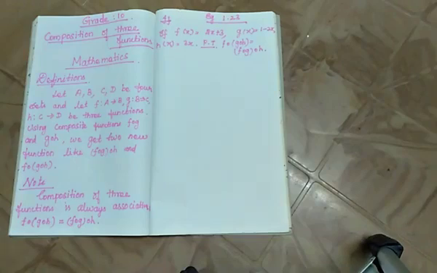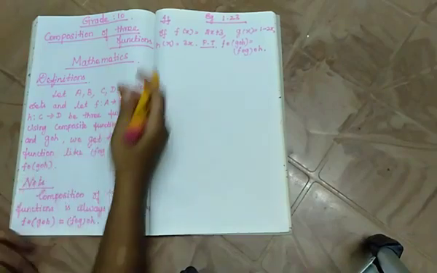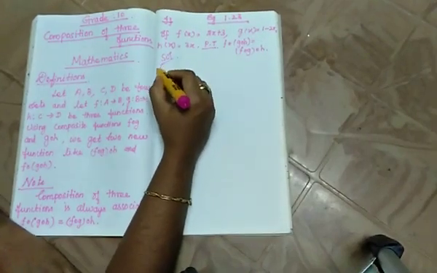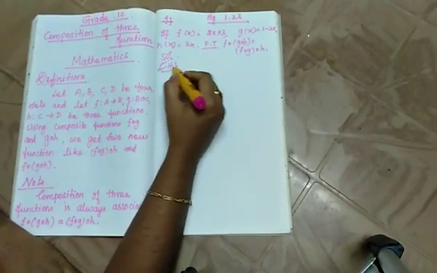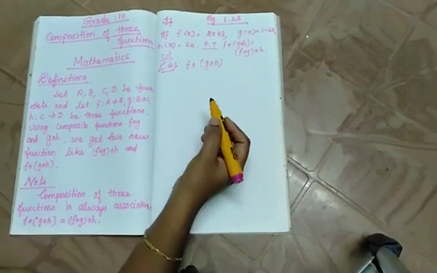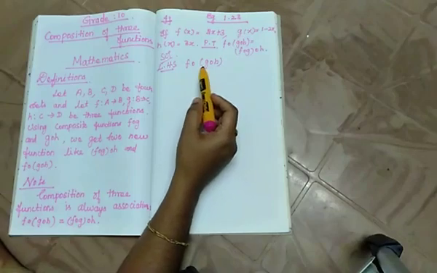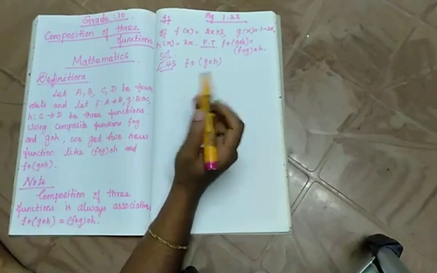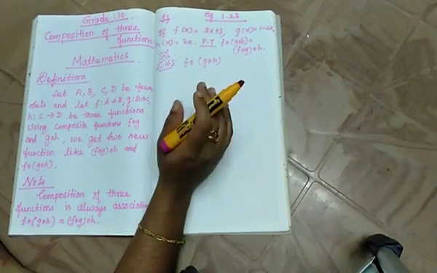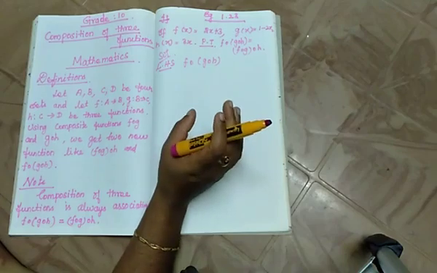First prove the left hand side, then the right hand side. What is your left hand side? f of g of h. First take out the bracket, then it would be easy for you. Otherwise there would be students who get confused, so we will move on one by one.